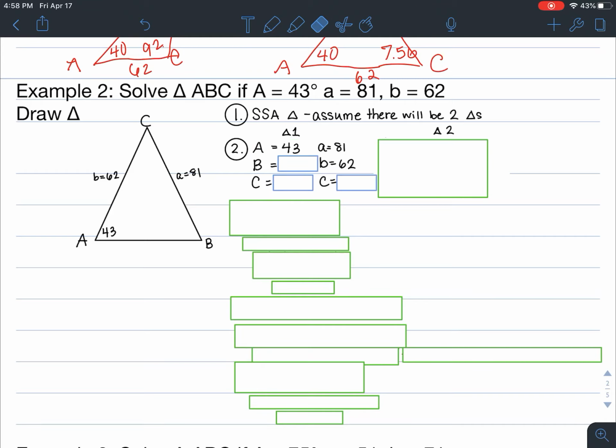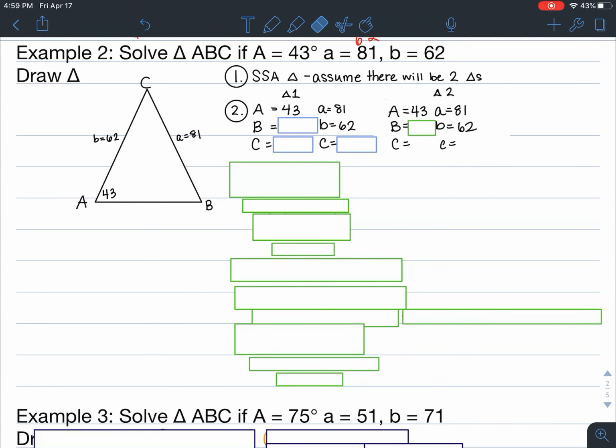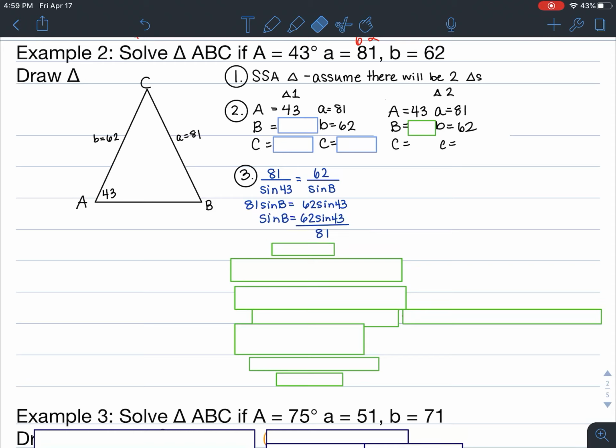Okay, so here we go. So I have my given information here. And my given information here. Oh, that's not what I wanted to have happen. Can I just get rid of some of that? Oh, wait, that worked. Okay, good. And then the first thing we're going to do is find angle B. So we're going to set up our law of sines. 81 over sine 43 equals 62 over sine B. You're going to cross multiply.